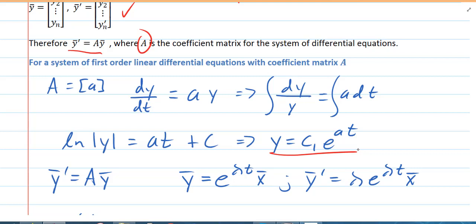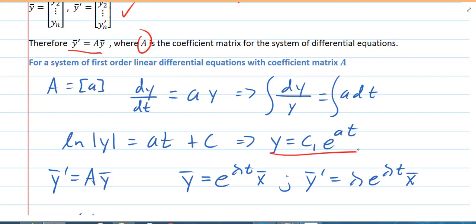Okay, so now y bar prime equals A y bar should have something similar. And I'm going to go ahead and put in the lambdas because you know it's going to involve eigenvectors and eigenvalues. So we could say a solution is going to be y bar equals e to the lambda t times x bar.